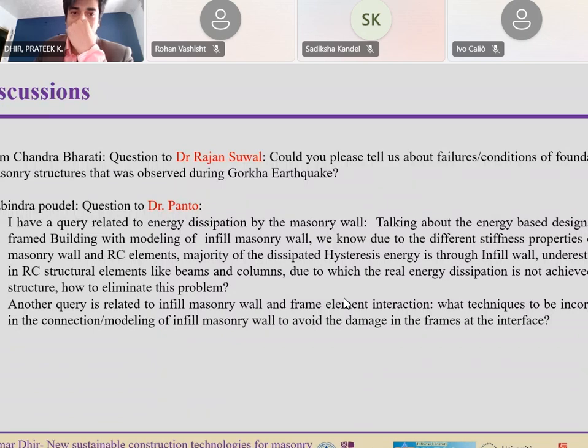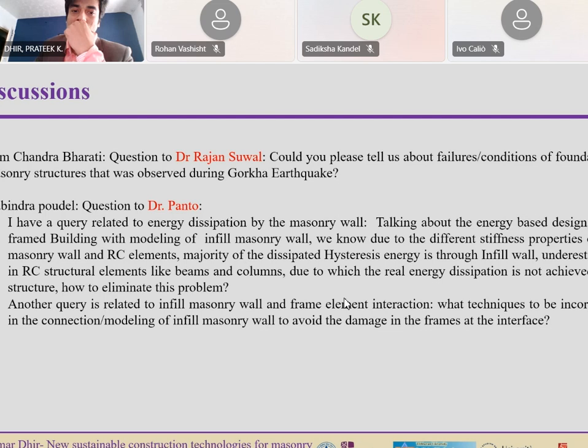When we saw the cyclic behavior this morning, when I showed the cyclic behavior of the panels that failed by flexure and by diagonal shear, we saw that in the case where the failure was in diagonal shear, the masonry dissipated a lot.